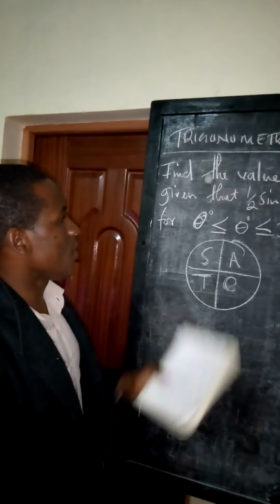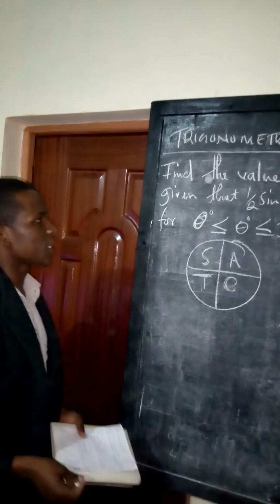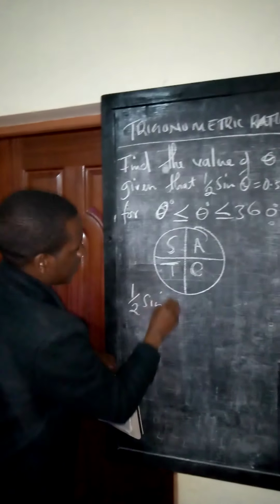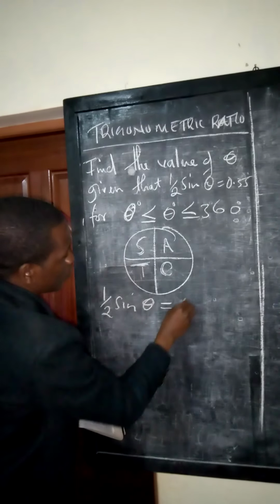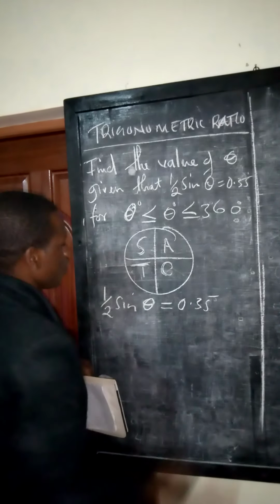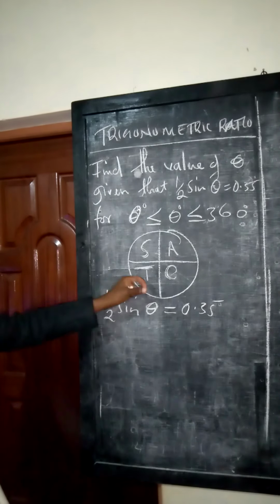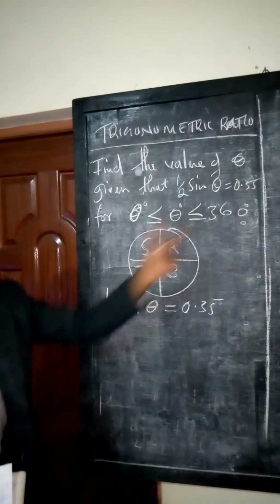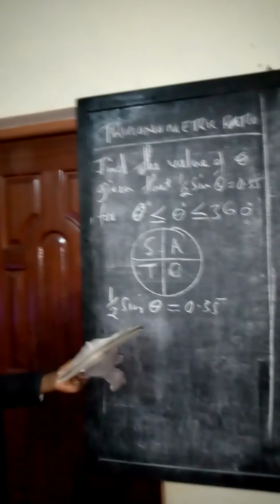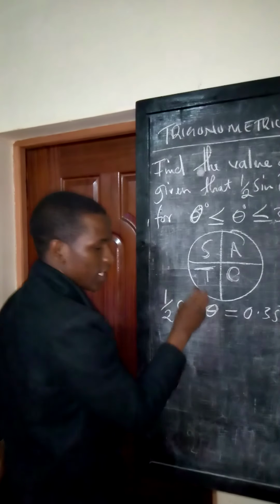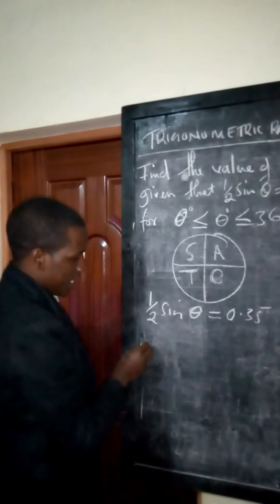Now in our case here, because we are already given a half, sin theta is equals to 0.35. We need to find theta so that we can find more angles ranging from 0 to 360 degrees. So how do we solve for the value of theta here?